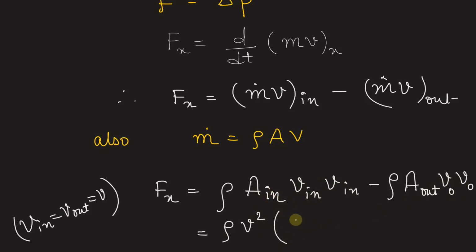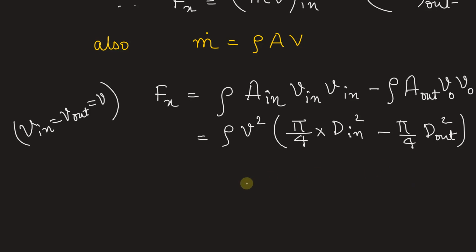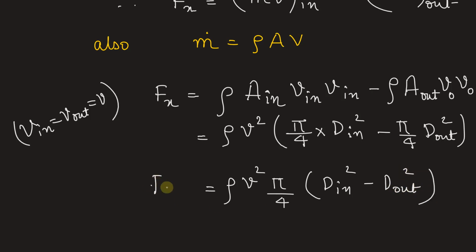So area, inlet area is pi by 4 into d square, so d in square minus pi by 4 into d out square. The d out is the diameter of hole here, rho V square. Now pi by 4 is also common in both, so we can take outside into d in square minus d out square. This is the expression of force in x direction.